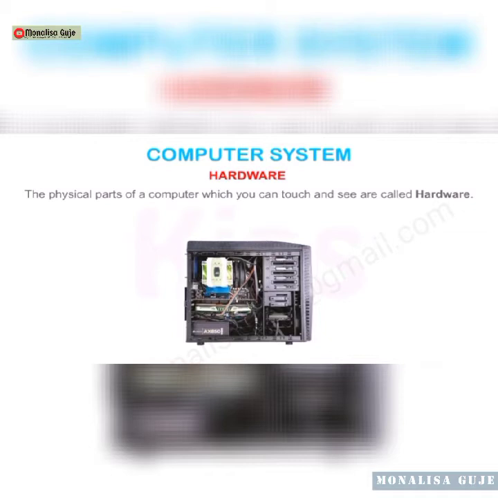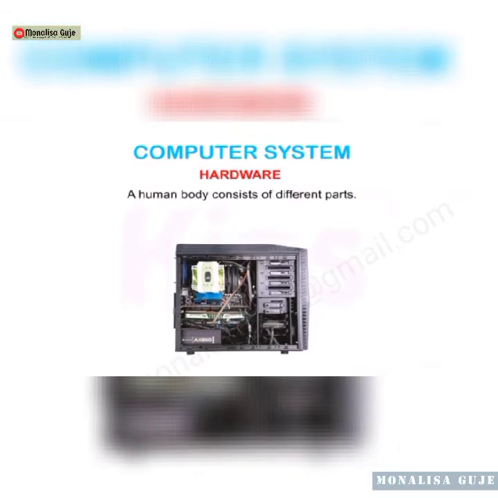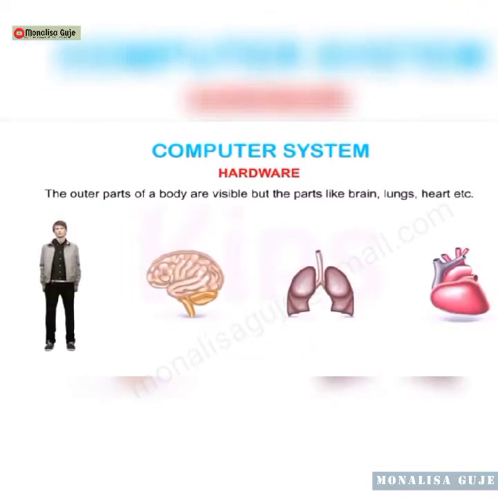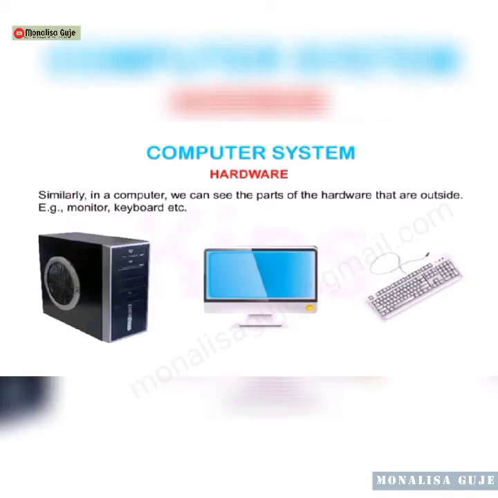A human body consists of different parts. Our outer parts of the body are visible, but the parts like the brain, lungs, heart, which are inside, cannot be seen. Similarly, in a computer, we can see the parts of the hardware that are outside. Example, monitor, keyboard, etc. They are attached to the CPU by cables.